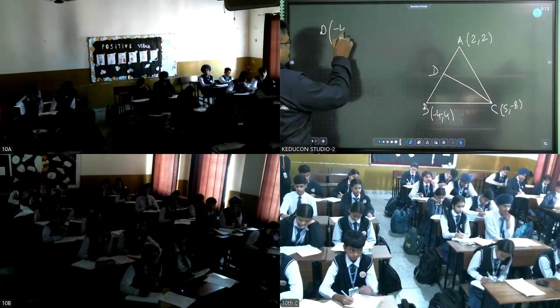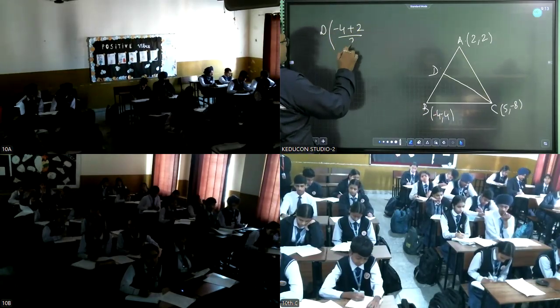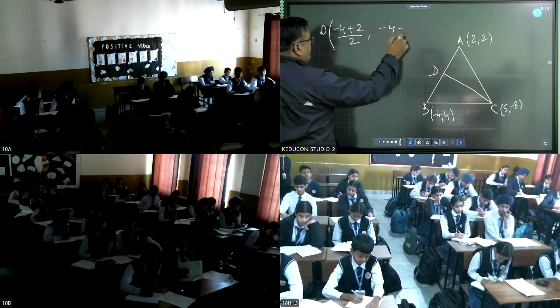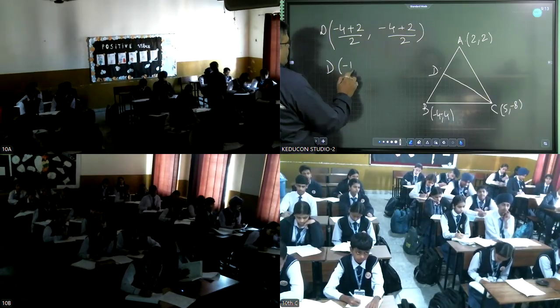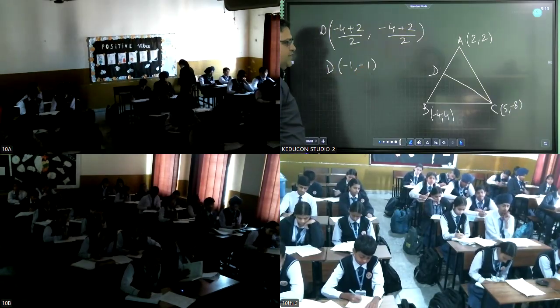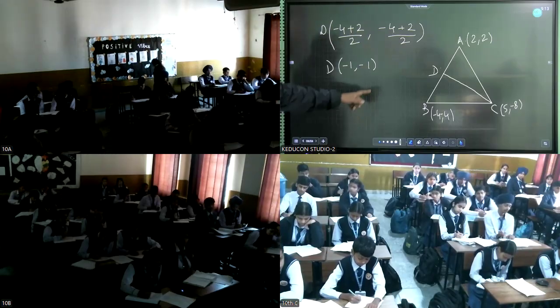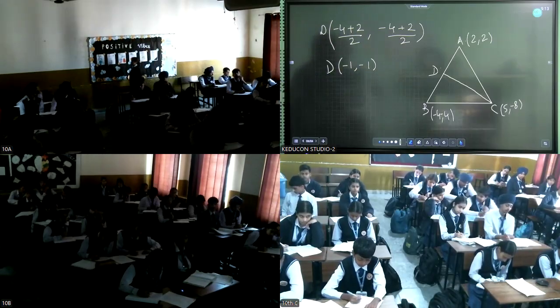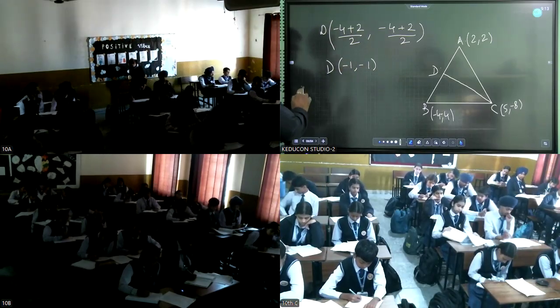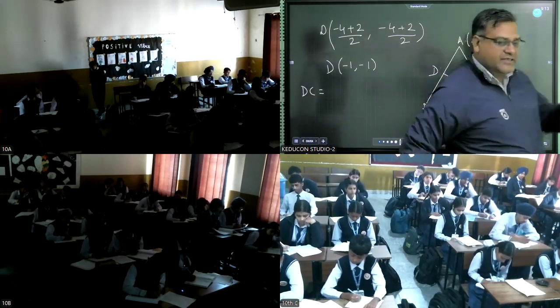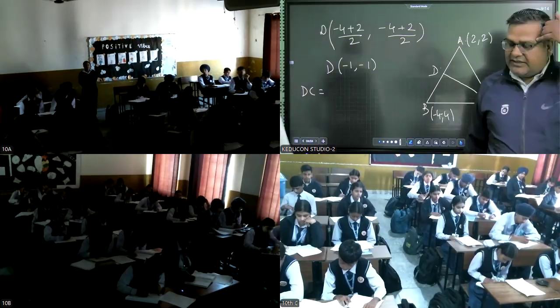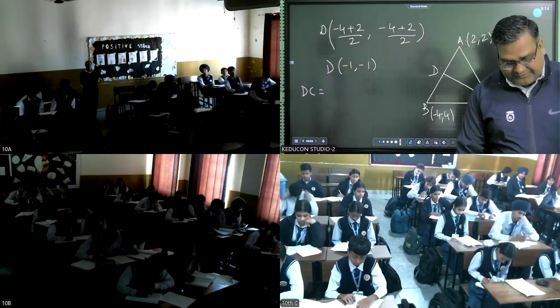So the coordinates of D come out to be (-1, -1). Now you can find the length of DC by the distance formula. Please do it. Please find the distance DC, the length of DC.